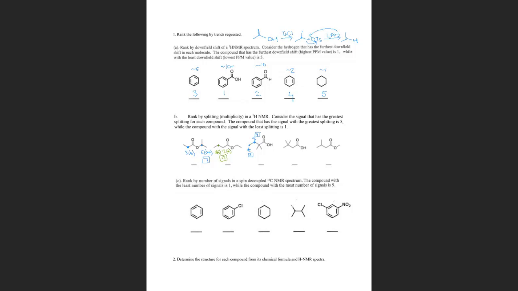And the reason why this one at the end is a triplet is because the carbon next to it has 2 neighboring hydrogens. So then n+1 or 2 plus 1 would be 3. Does everyone see how the splitting works?